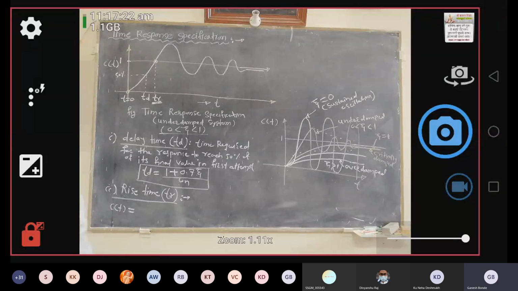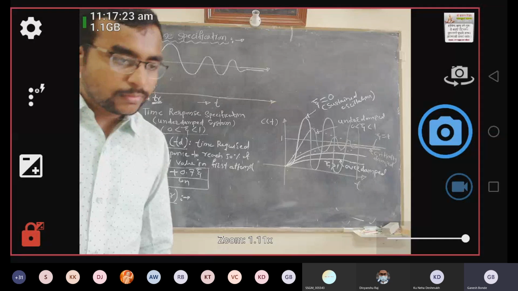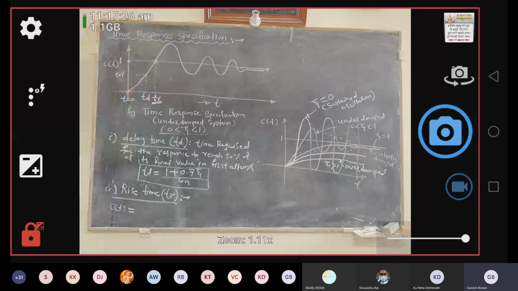Please tell me the expression. Anybody? Tell me the value of C of t for an underdamped type system, zeta less than 1. What is the expression for C of t we have obtained?